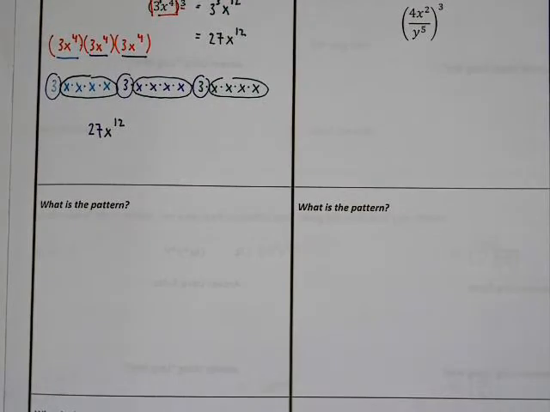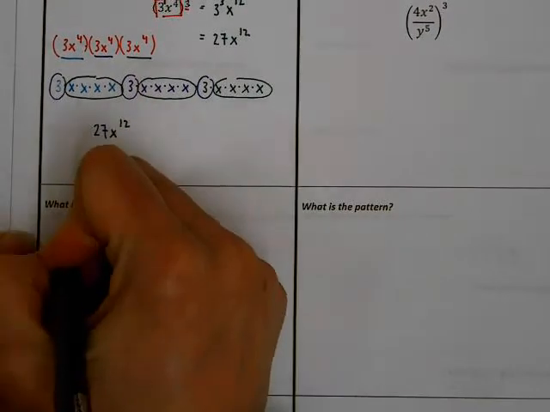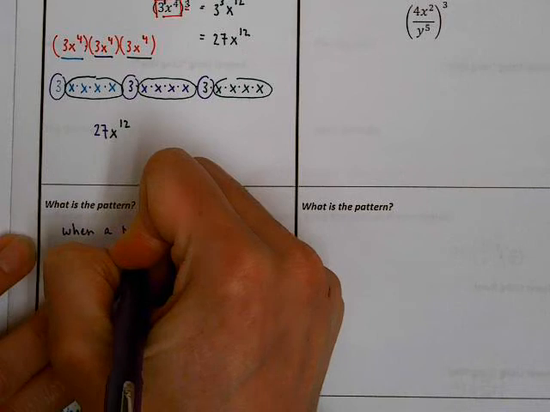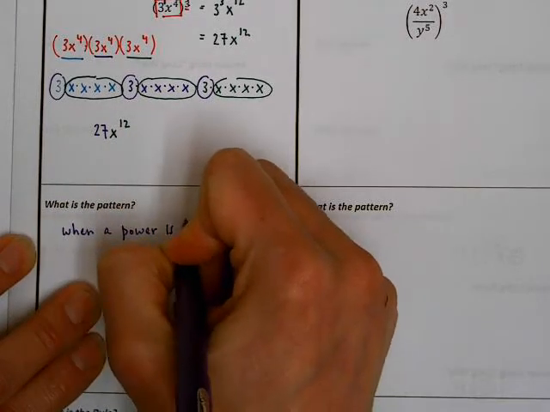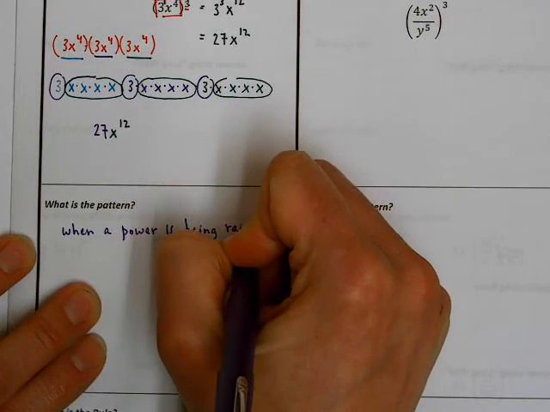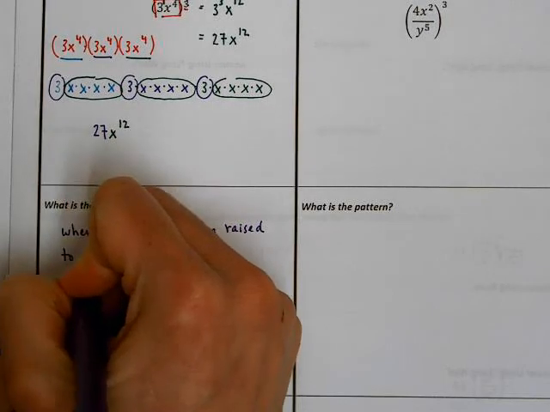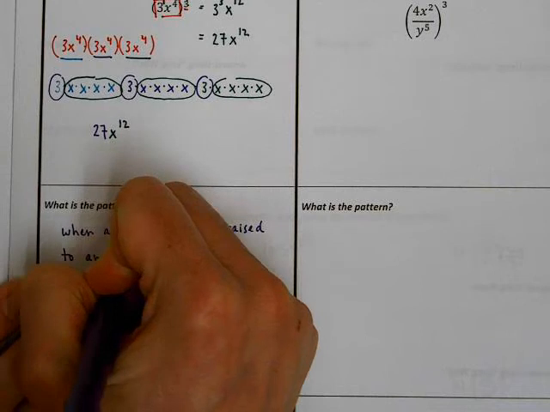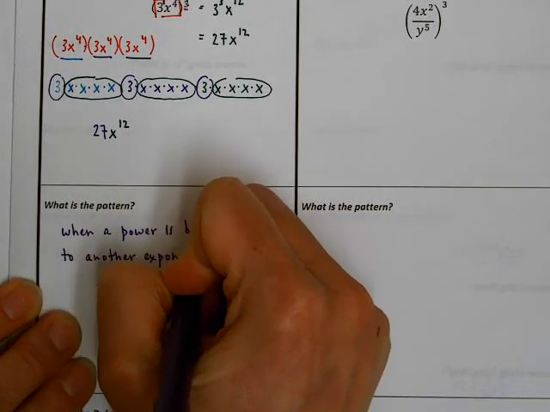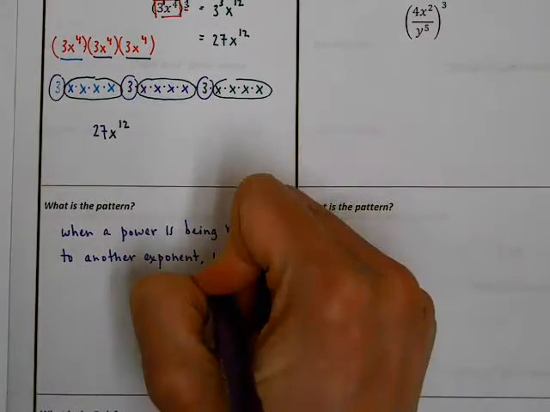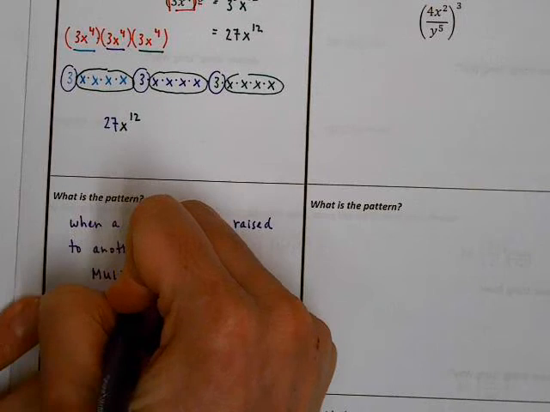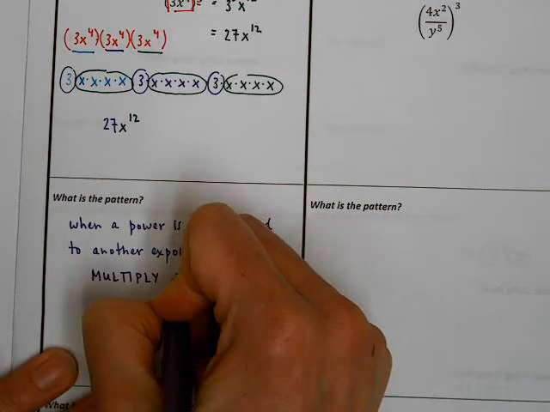So for a pattern here, we're going to say when a power is being raised to another exponent, we multiply the exponents.